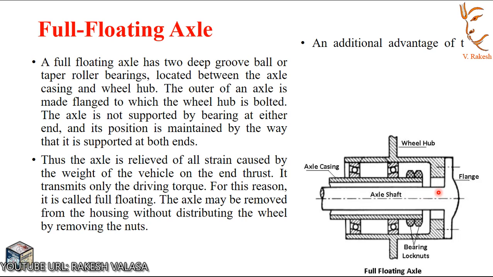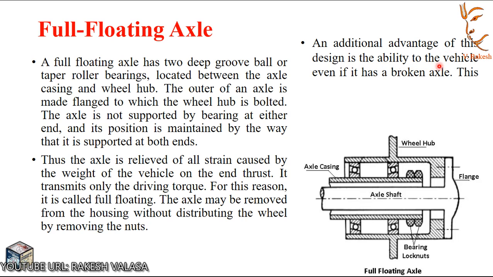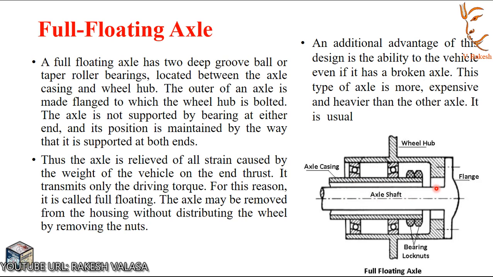An additional advantage of this design is the ability to tow the vehicle even if it has a broken axle. This type of axle is more expensive and heavier than the other axles. It is usually fitted on commercial vehicles like trucks, etc.